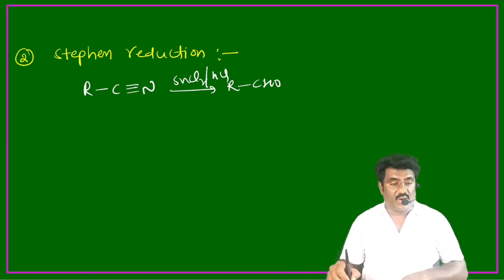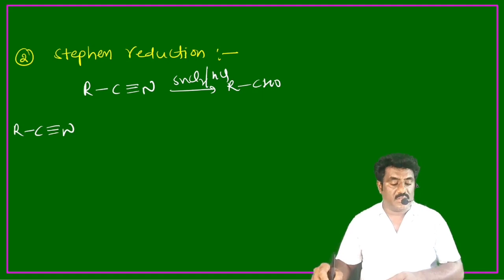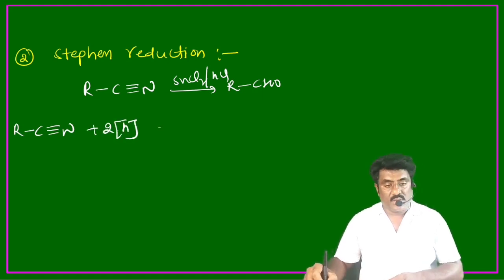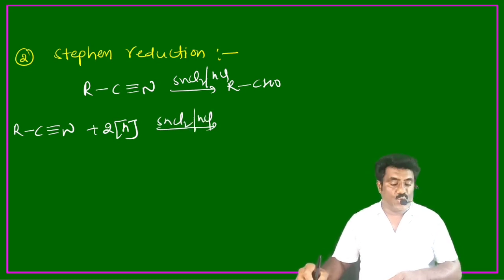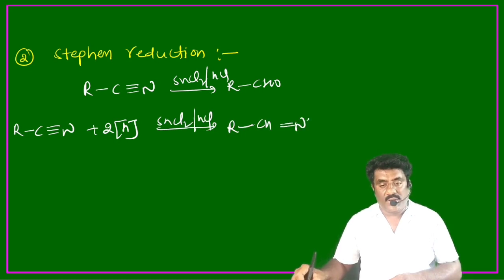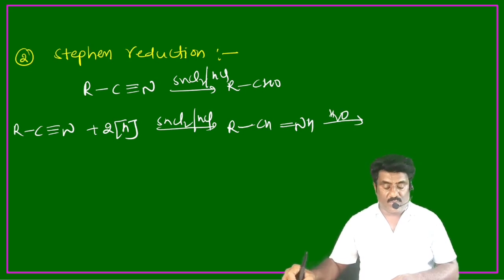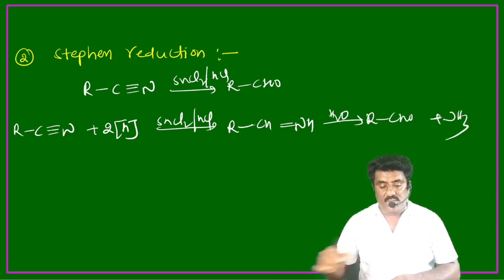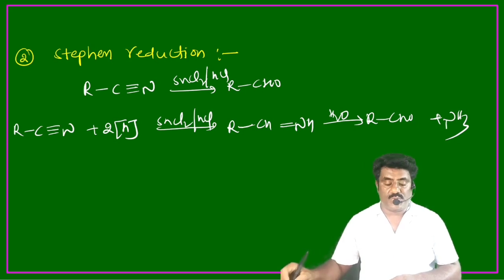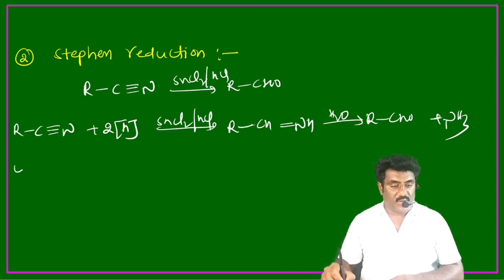Look at R C triple bond N, reduction with tin chloride SnCl2 plus HCl to give an imine, RCH double bond NH. The imine on hydrolysis forms the aldehyde RCHO plus NH3. Ammonia is produced.